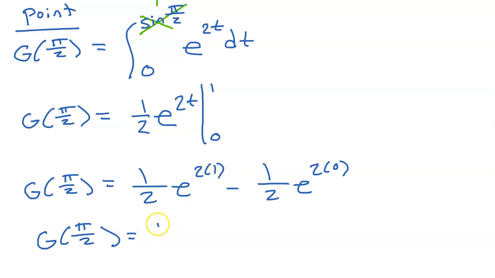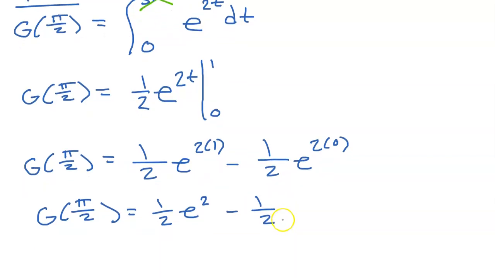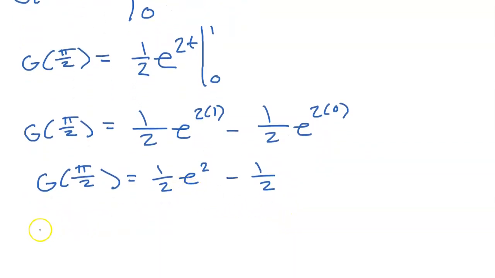Well, this is really 1/2 e squared. E to the 0 power is 1. So this will just be minus 1/2. I could factor out the 1/2 to clean it up a little bit. So we have 1/2 times e squared minus 1.